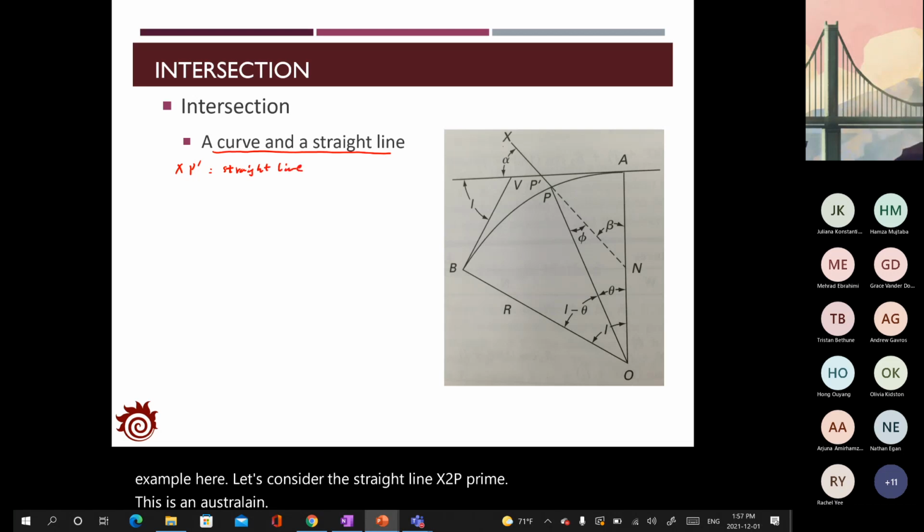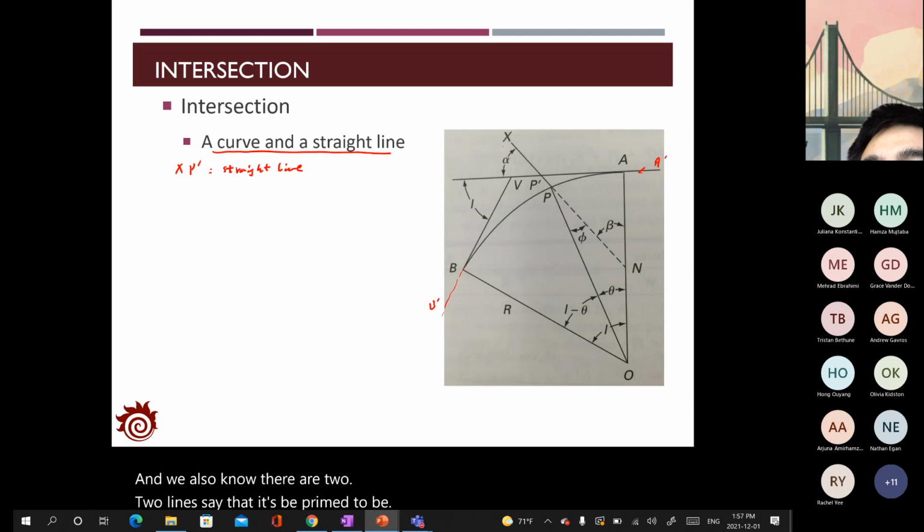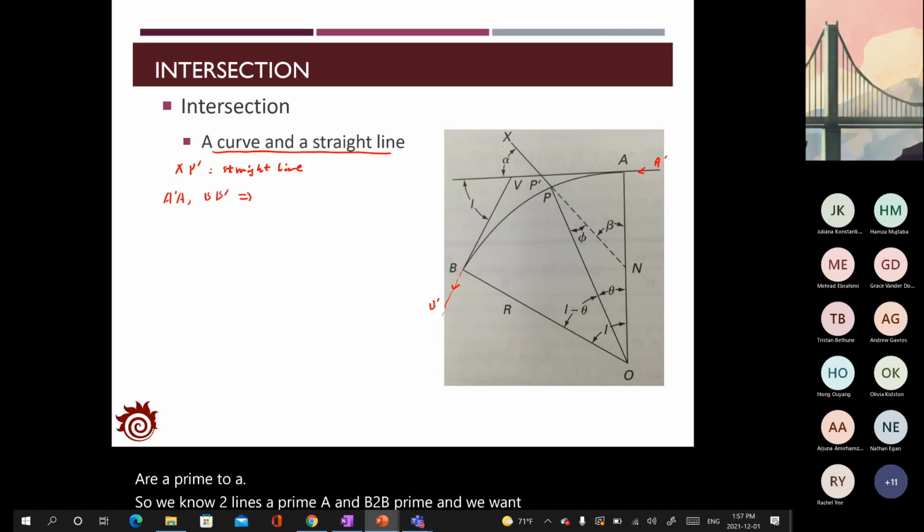And we also know there are two lines, B prime to B, A prime to A. So we know two lines, A prime to A and B to B prime, and we want to find the arc which can connect these two lines smoothly.